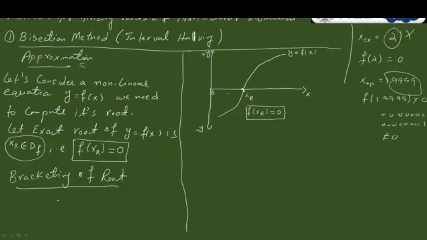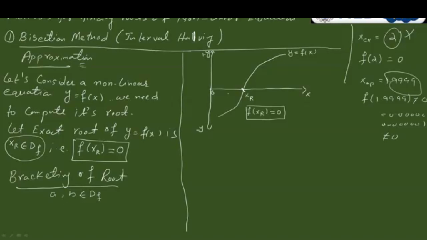Bracketing means we have to understand a very simple logic. If I select two values, let's say A and B, and both belong to the domain, they are not necessarily a root. But let's say I have selected two values A and B, and both belong to that function. Whenever I say belongs to the function, this means that all the definition of the function holds on A and B, and there exists some value.